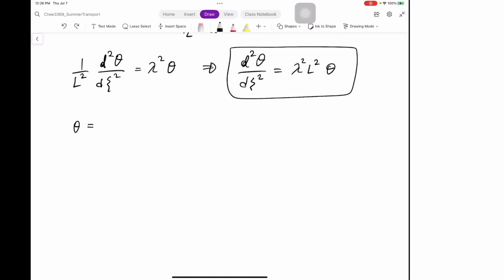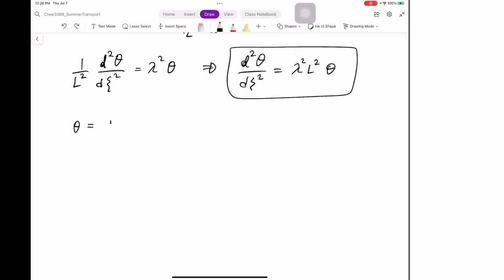This cannot happen with the sine and cosine functions, because the sine function, if you take once, you get the plus cosine. If you take twice, you get the minus sine. So it gives you the minus for the cosine as well. You take the double derivative of the cosine, you get the negative of the cosine. So it doesn't work. So it should be the exponential functions or the hyperbolic sine and cosine functions.